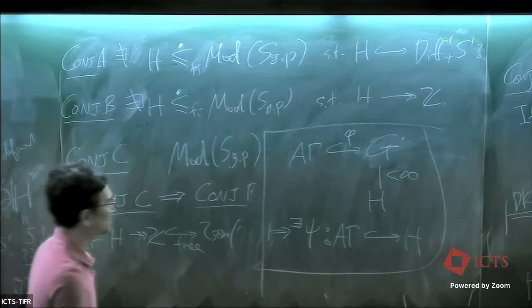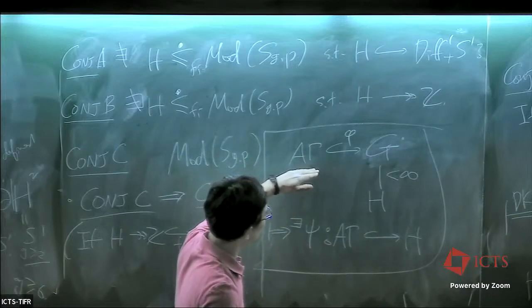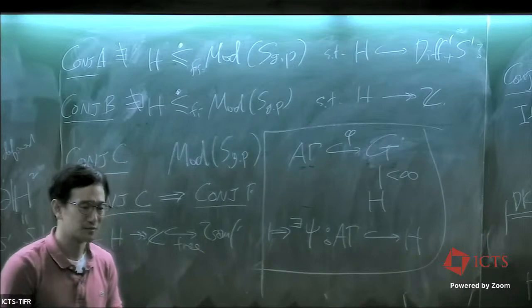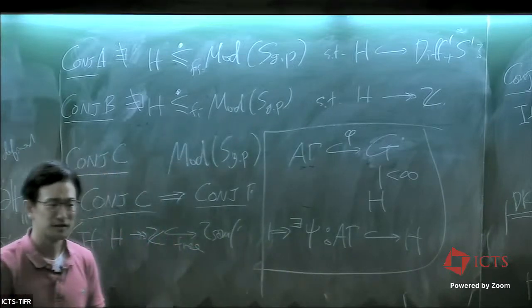Using this, we exploit the fact that mapping class groups contain certain right-angled Artin groups, which persist in every finite index subgroup, and prove that such a right-angled Artin group cannot be smoothed, algebraically smoothed.